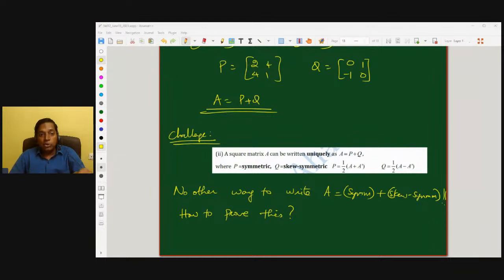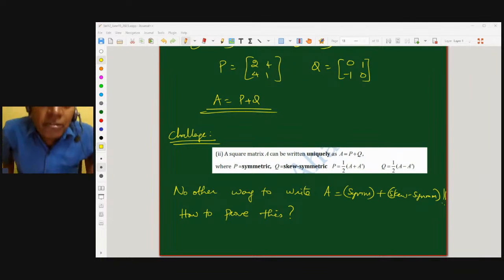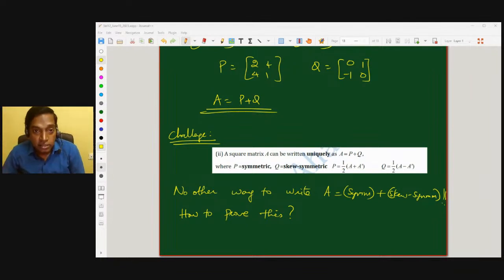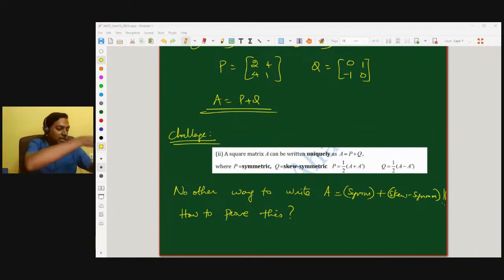What I'm asking you and what I'm showing you is a more powerful result. Your book will generally tell you that any square matrix can be written as the sum of symmetric and skew symmetric. Not just your NCERT book, but many textbooks will just tell you. I hope you are able to see that what I am claiming in the theory is a far more powerful idea, which needs justification.